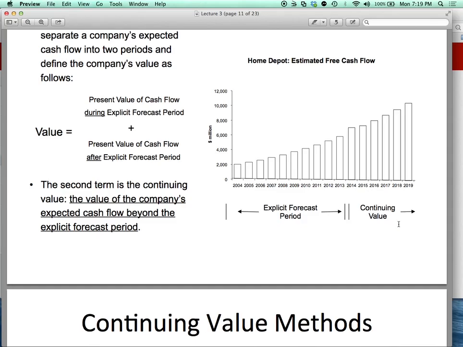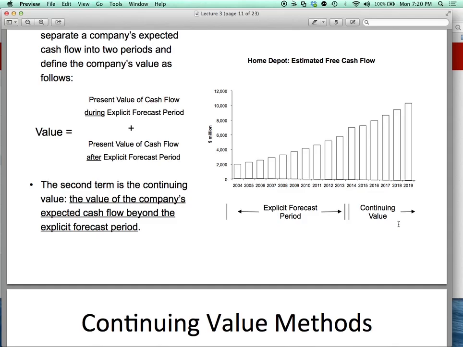So again, one of the questions I asked on last year's final exam was, how long do I forecast before I go into continuing value? In an ideal world, I want to forecast enough years so that when I go into continuing value, the company I'm valuing is mature.